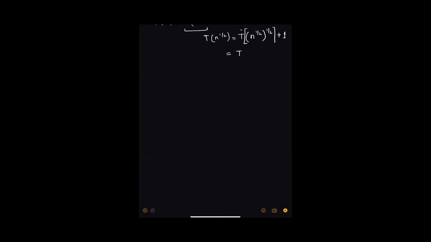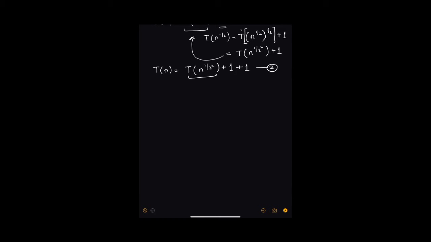So this becomes T(n raised to the power of 1 by 2 whole square) plus 1. I'm going to substitute this in my equation 1. So the result that I will be getting is T(n) equals T(n raised to the power of 1 by 2 square) plus 1, and I'm going to copy this 1 to this statement. So this is my second equation.